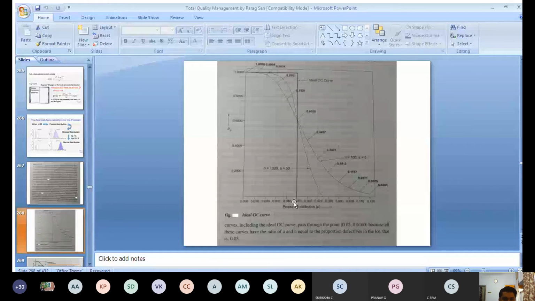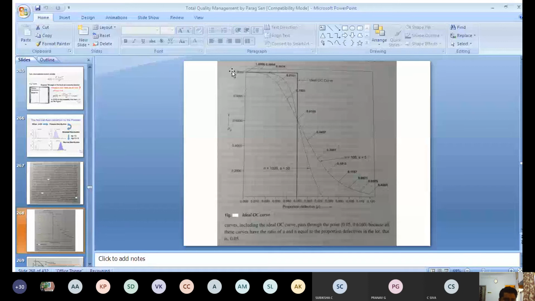If you have less than 0.05 defective, for example 0.04 or 0.05, so less proportion defective compared to the cutoff, then obviously you will accept the lot. Acceptance will be 100%, that means the value will be 1. That's why you can see for 0.4 the value is here, for 0.3 the value is here, for 0.1 the value is here.